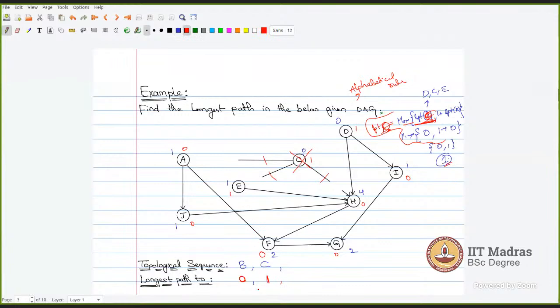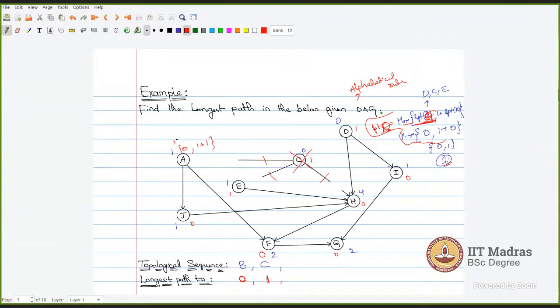Now I have to update the in degrees of A, E, H, and also I have to update the longest path to A, E, H. Now see. So in order to update, now we will have 0 or you see 1 plus 1, 2.